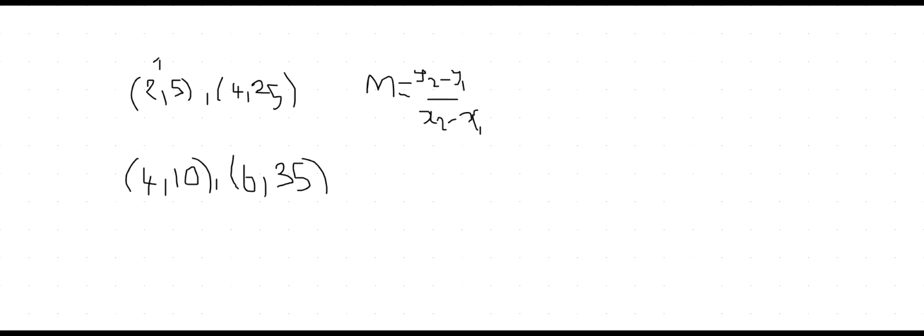Using this for the first line, my y2 is 25 and my y1 is 5, my x2 is 4, x1 is 2. This gives me 25 minus 5 gives 20, over 4 minus 2 gives 2, and 20 divided by 2 gives me 10. So the gradient of the first line is 10.